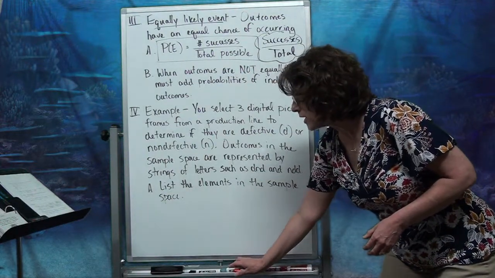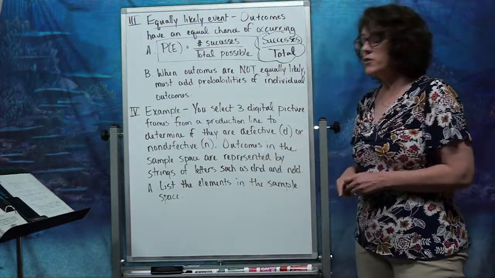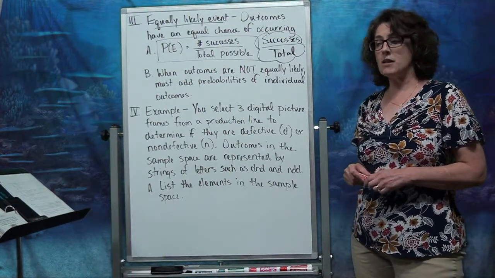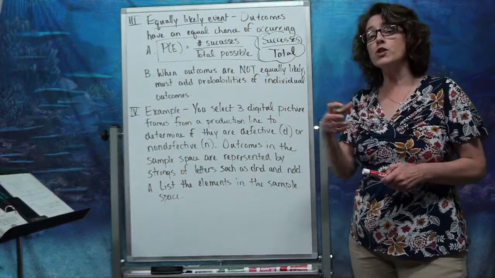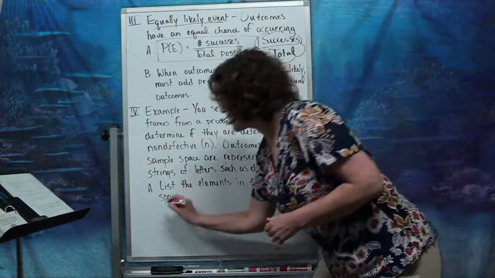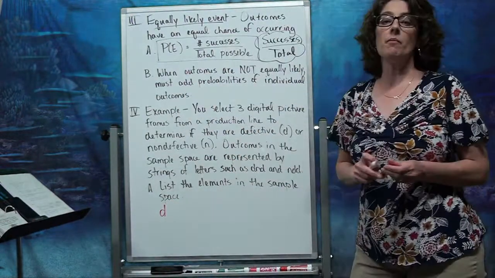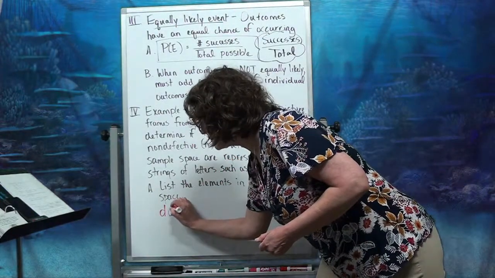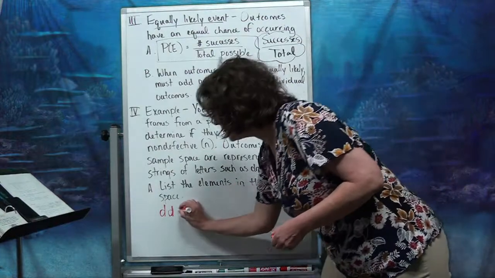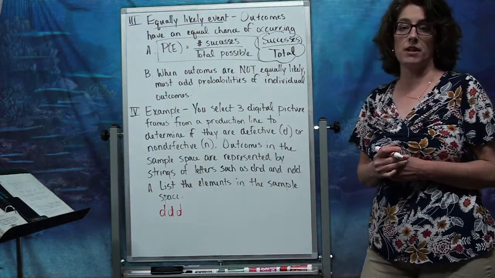So in my first question, I'm being asked to list all those elements that are in that sample space. So like I said before, I'm going to be systematic about this. I pull the first digital frame. Let's say that it does come out to be defective. Well, then when I pull the next digital frame, let's say that it as well is defective, and let's say that I pull the last digital frame and it is as well defective, and all 3 of them are defective.